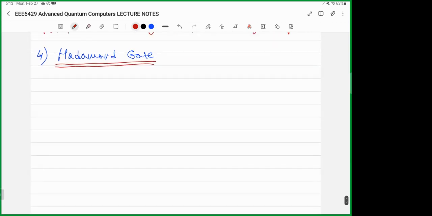So the Hadamard gate is represented by the matrix H, and it's equal to 1 over square root of 2 times the matrix 1 1, 1 minus 1.